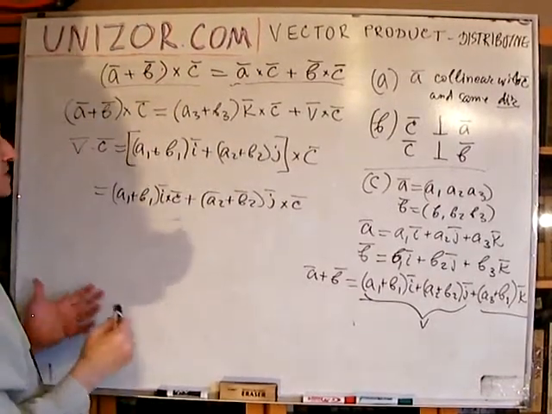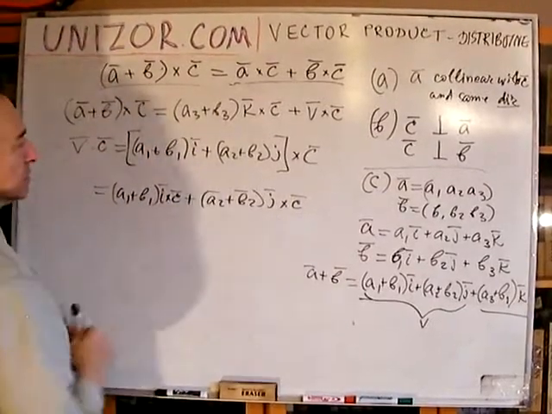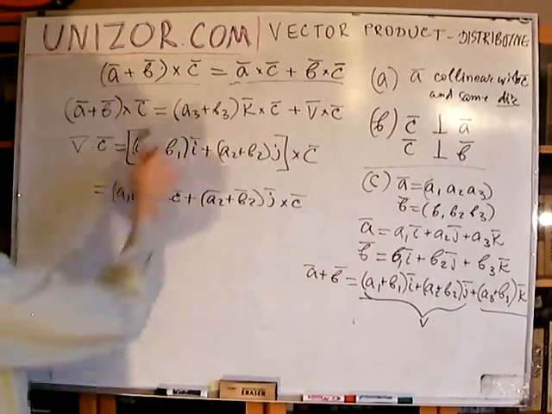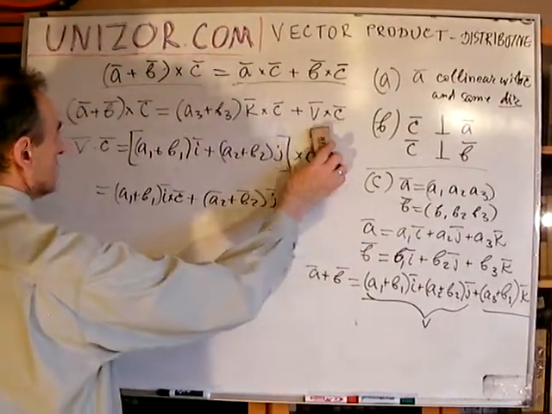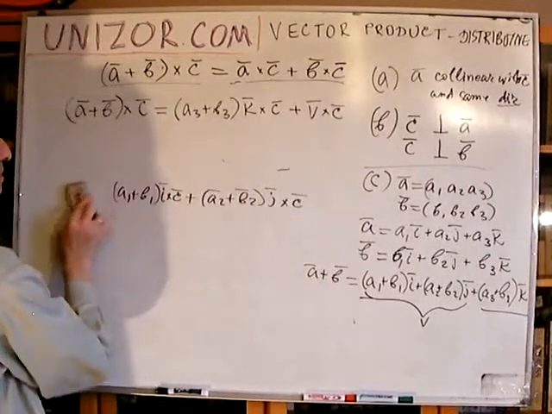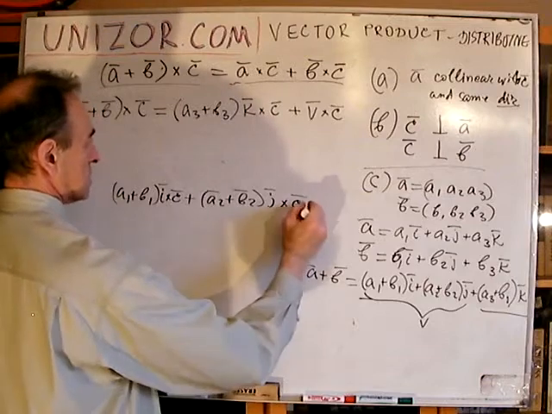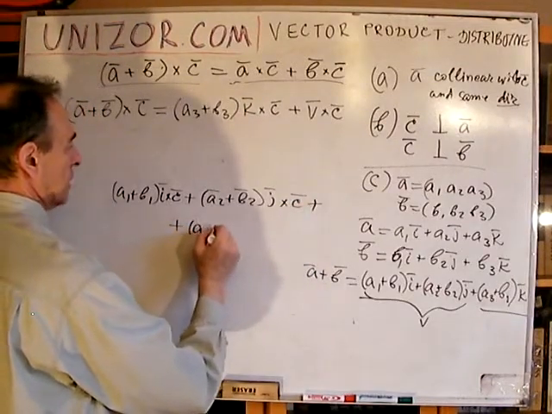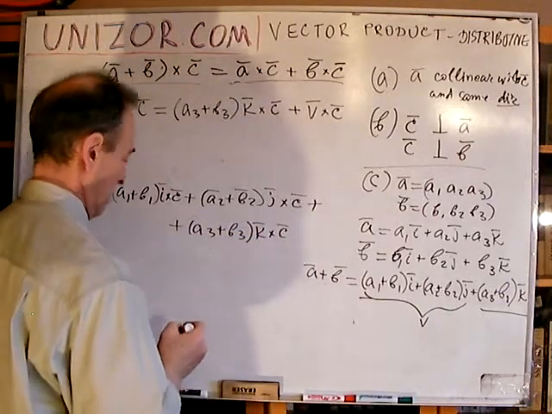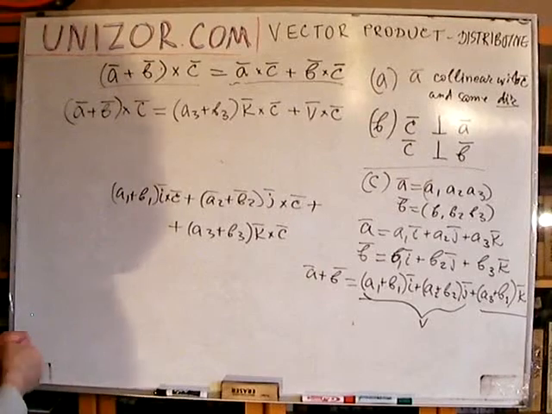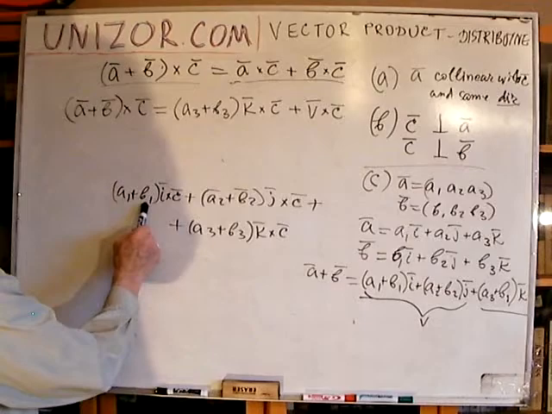So what I want to say is that I have actually opened this up in the coordinate form. So the whole result would be this plus (A3 plus B3) KC. Now, these are just numbers.